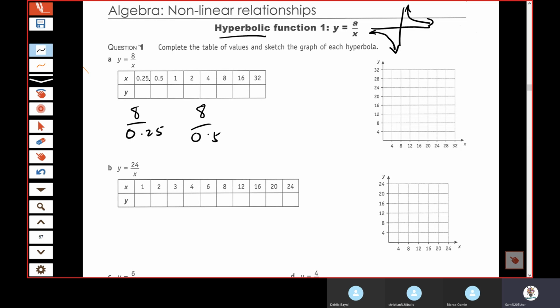Make sure you can do it in your calculator. 8 on 0.25 should give me 32. 0.5 gives me 16. That should be 8, 4, 2, 1, half, a quarter. Let me know it's all good.